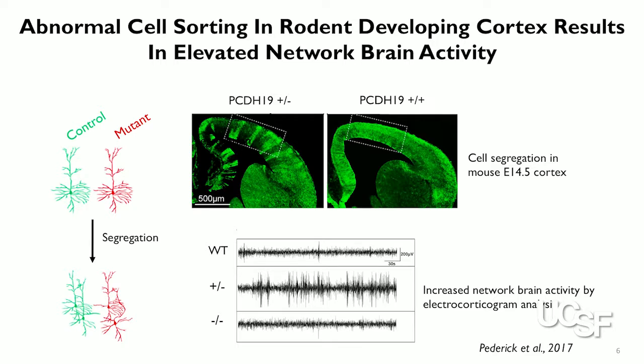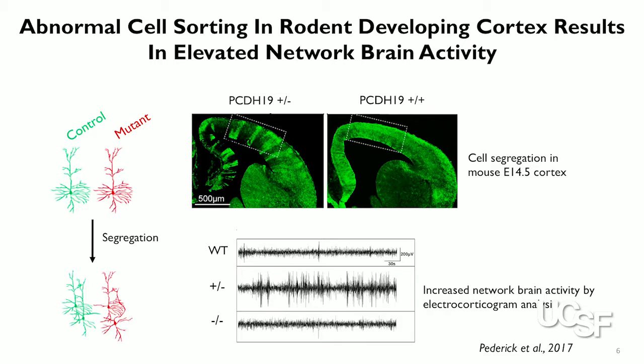I was really intrigued and impressed by the work done by Dr. Paul Thomas. This heterozygous PCDH19 mouse nicely illustrated the cell segregation in the heterozygous mouse, leading to segregation of two populations of cells, and therefore increased network brain activity observed by his electrocorticography analysis.